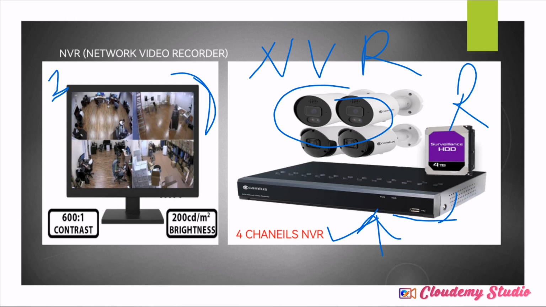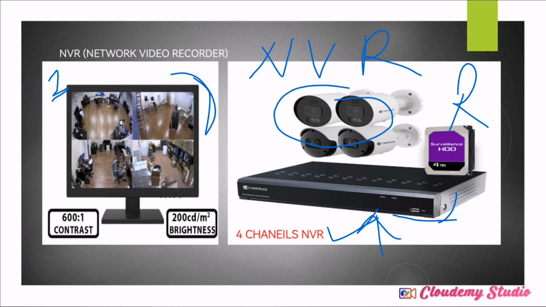So for the NVR to work nicely, it needs access to a power supply as well as the hard drive inside it. You put the hard drive inside the NVR.